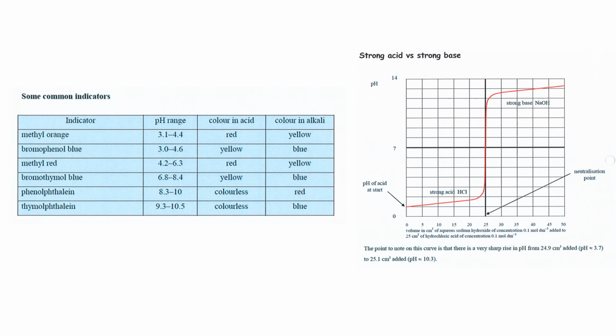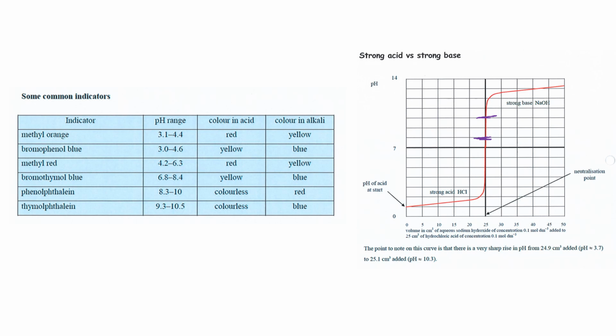And what we're doing is finding the pH range where this colour change takes place. So phenolphthalein changes between about 8 and 10, which is about here on your graph and about here on your graph. So it falls perfectly within the vertical region. And what you have to do is pick an indicator that changes colour in the vertical region of your graph.